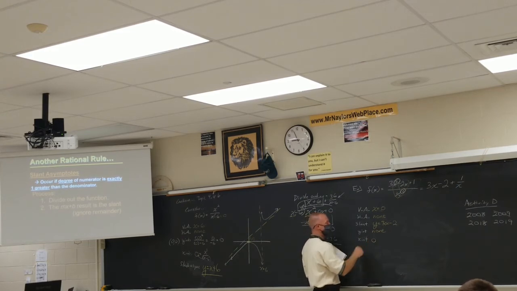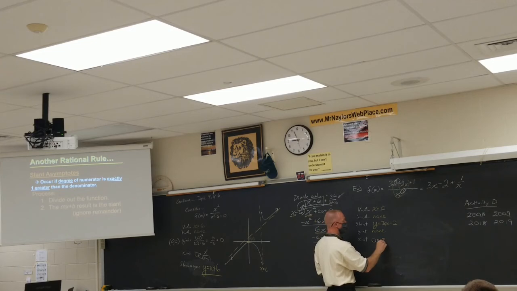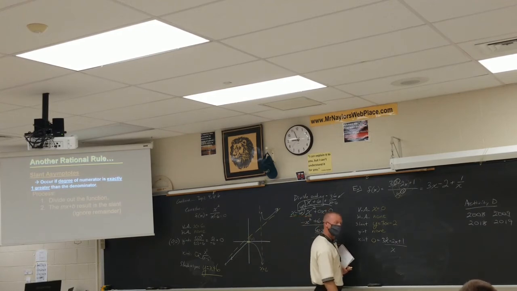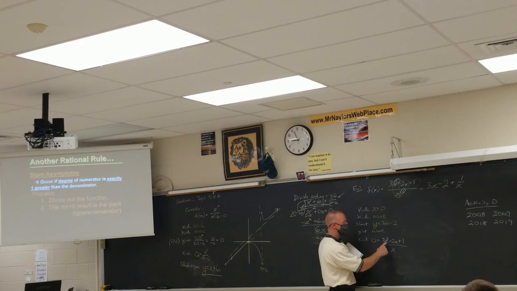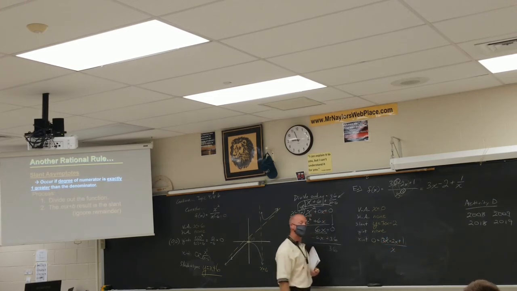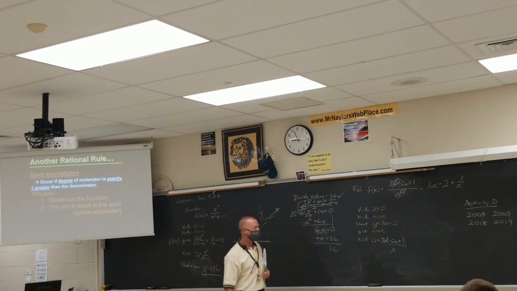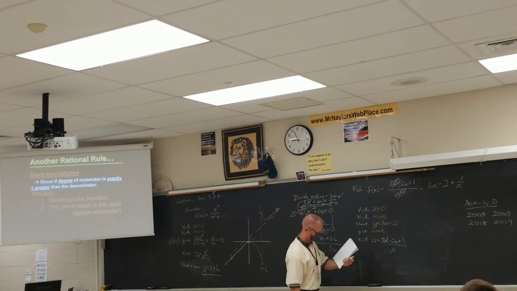Now, if you set the equation equal to 0, you encounter an interesting phenomenon. That interesting phenomenon is that you have the numerator equaling 0, and the numerator looks like a trinomial. Now, trinomials can be solved sometimes with factoring, or maybe the quadratic formula.